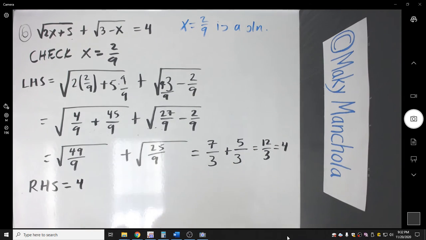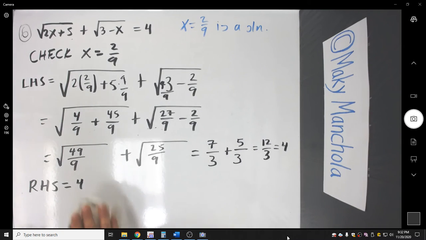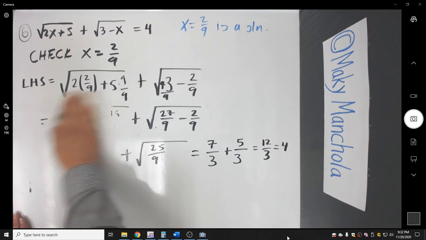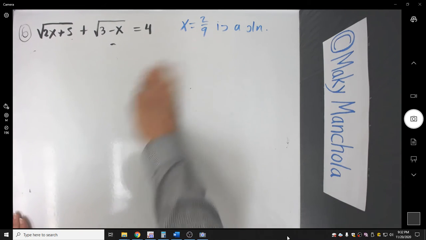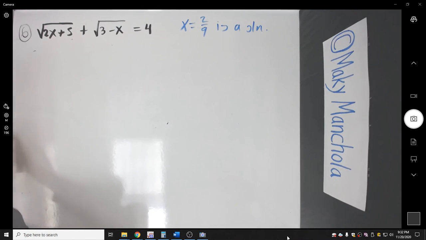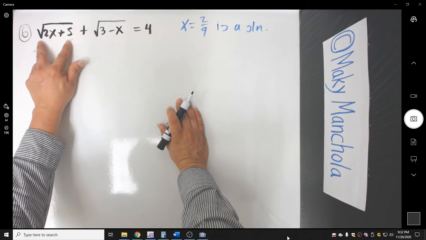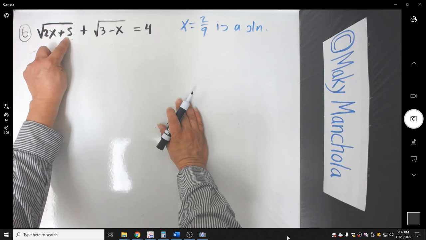Okay. Now the other solution we obtained, recall, was 2. 2 is easy to check, or it is simpler to check than 2 over 9. Let's quickly do that by inspection. So when x equals 2, our first radical is going to be the square root of 9, because 2 times 2 is 4 plus 5 is 9.